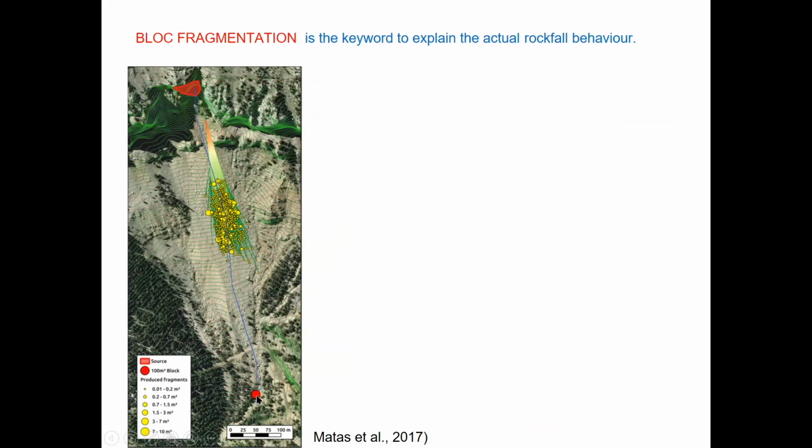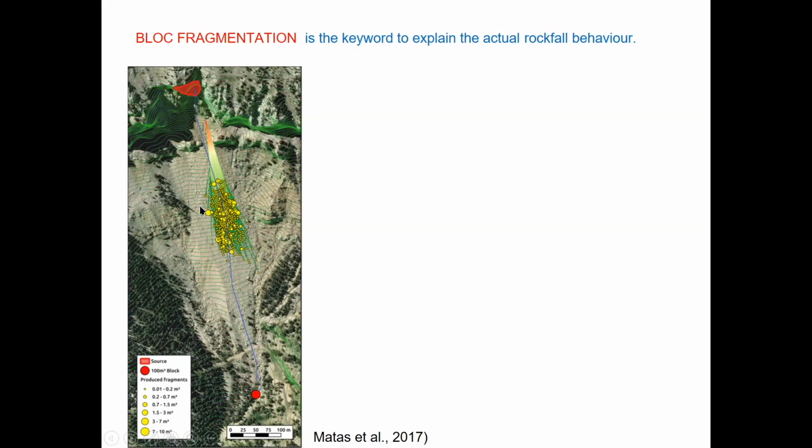If we simulate the one block keeping it unfragmented, we reach this point here. But on the other side, if we take into account the fragmentation with average parameters, most of the fragments, hundreds or thousands of fragments, will be stopped at the middle part of the slope.